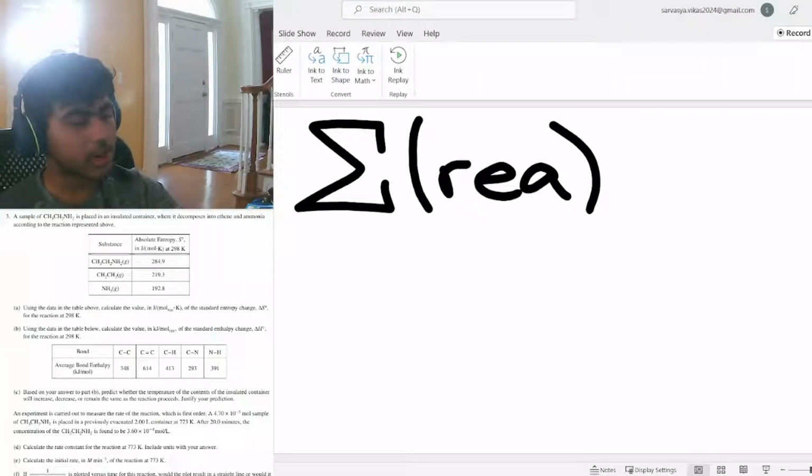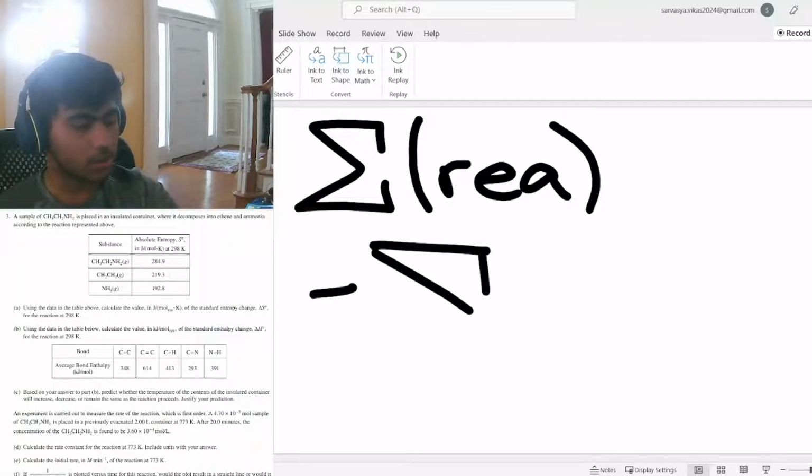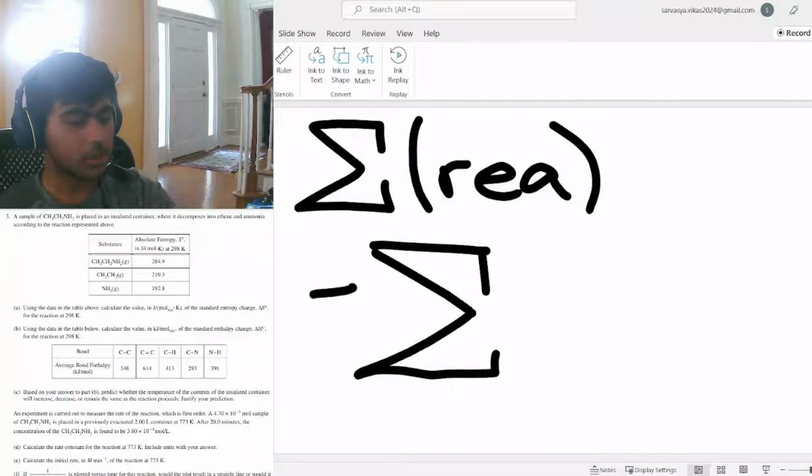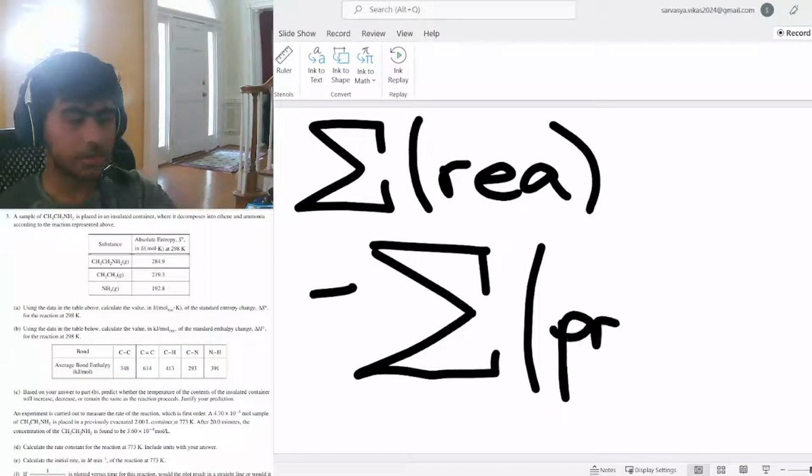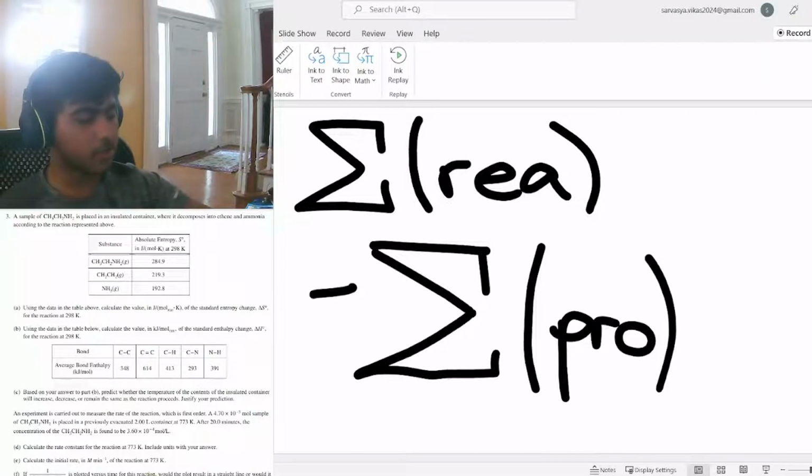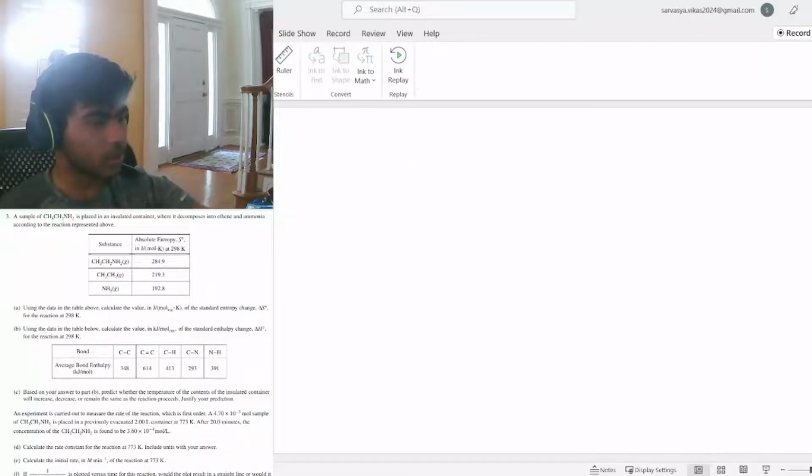And then you're going to subtract the negative part, which is when you're releasing energy, which is when you're forming the bonds, which is for the products. So it's going to be the sum of reactants minus the sum of products.